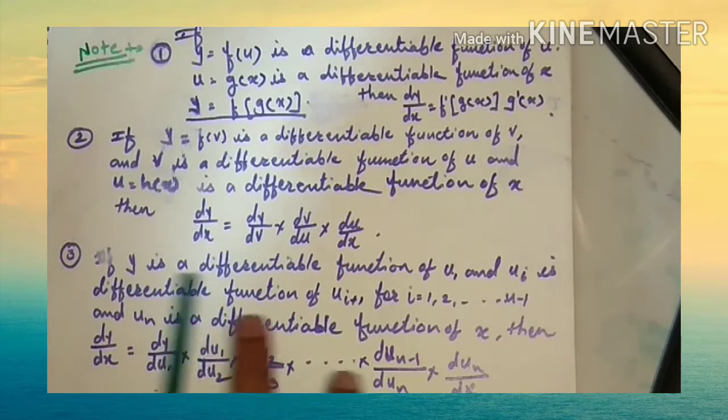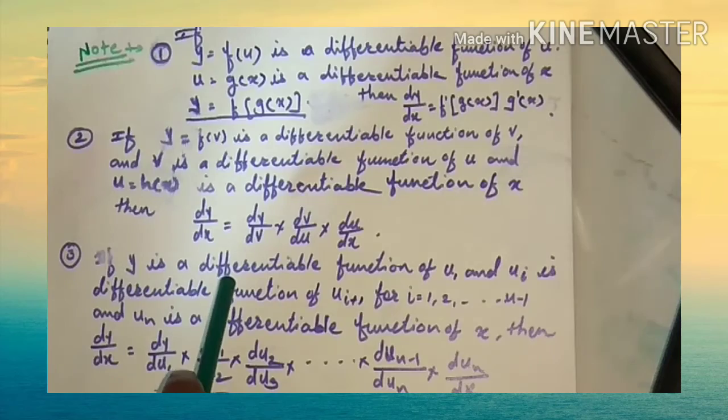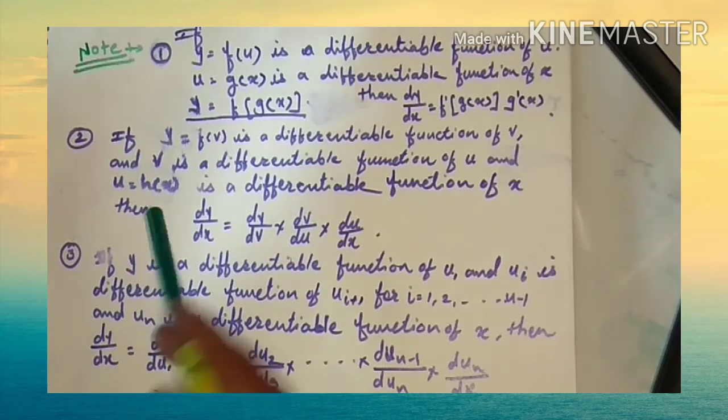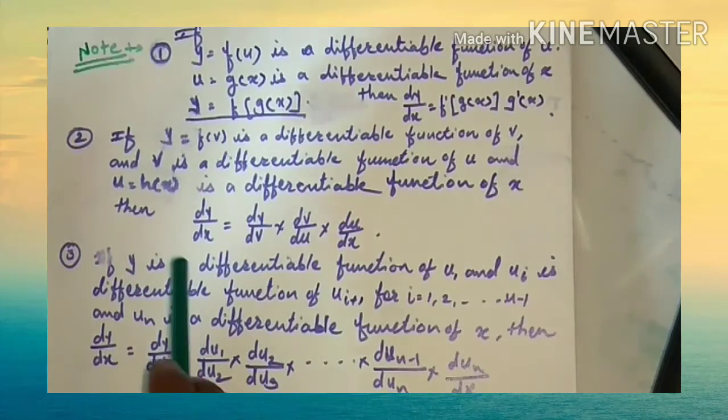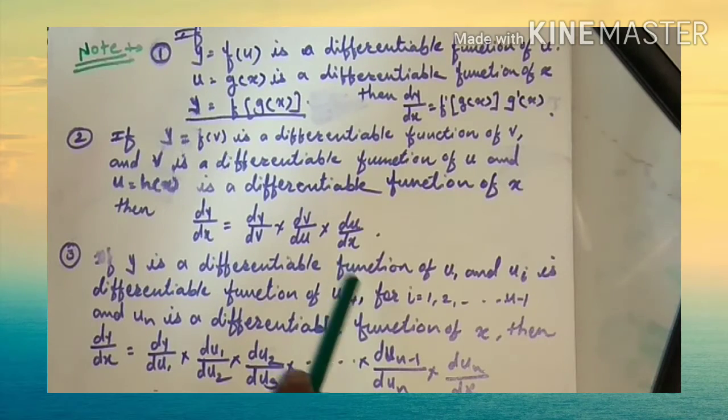In such a case, don't get scared, my friends. The chain rule is a universal rule that will help us. See, y is a differentiable function of u1, u1 is a function of u2, u2 is a function of u3, u3 is a function of u4, u4 is a function of u5, and so on, continuing till n.